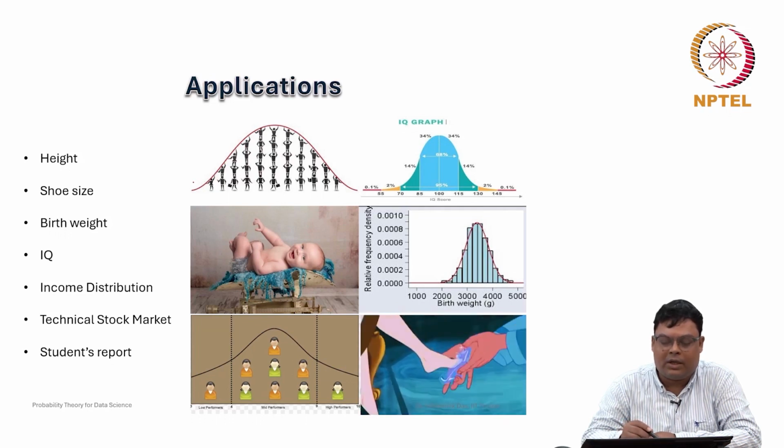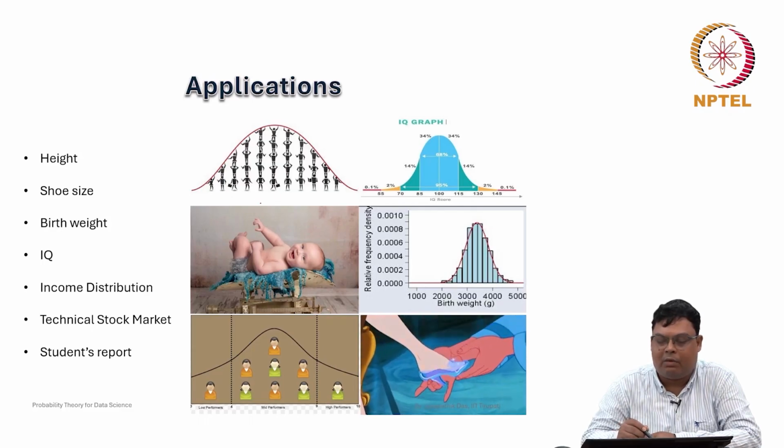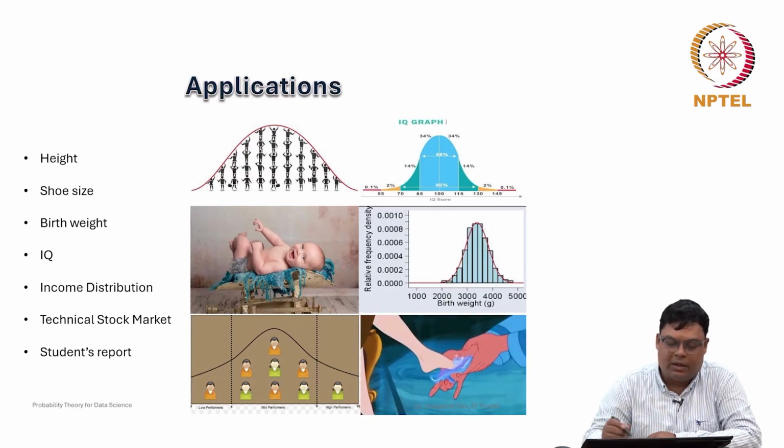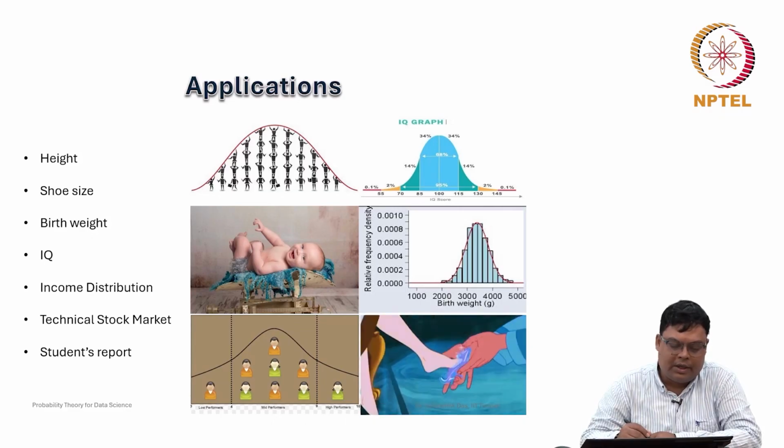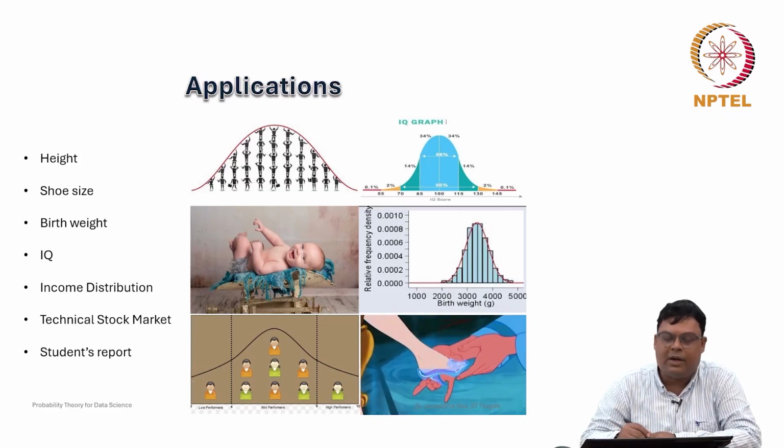So, this looks like it is increasing then decreasing, symmetric around some point. Similarly for an IQ graph, shoe size, birth weight, income distribution, stock market, and student results.